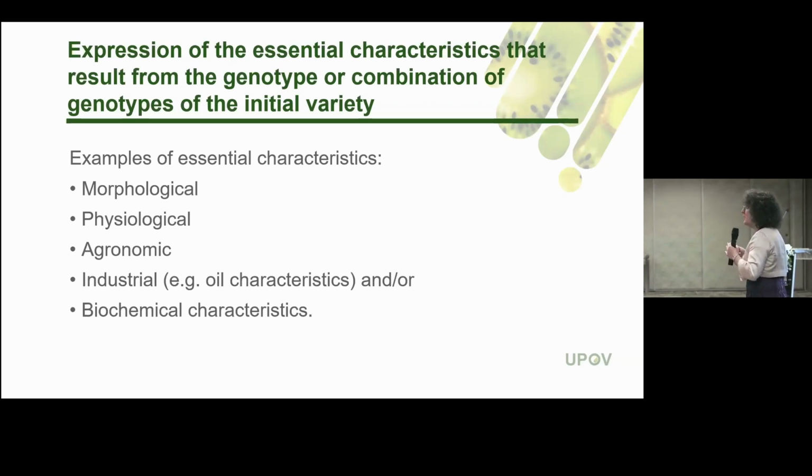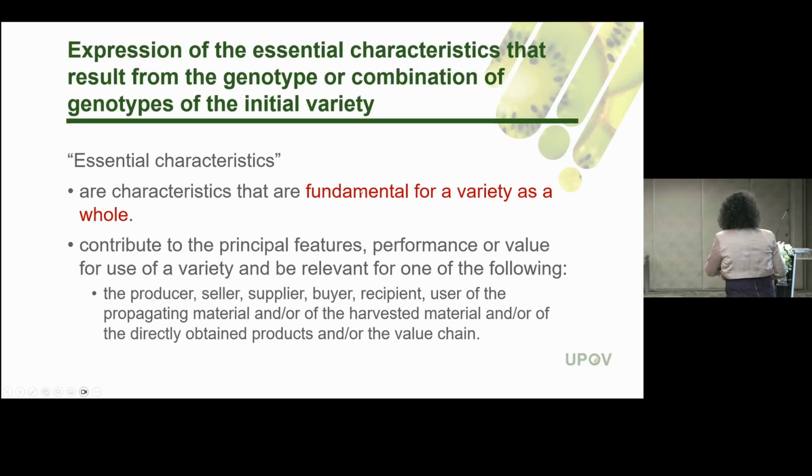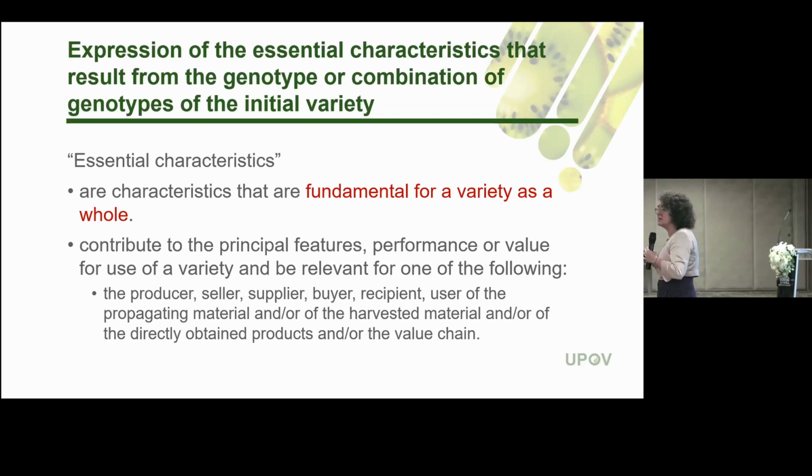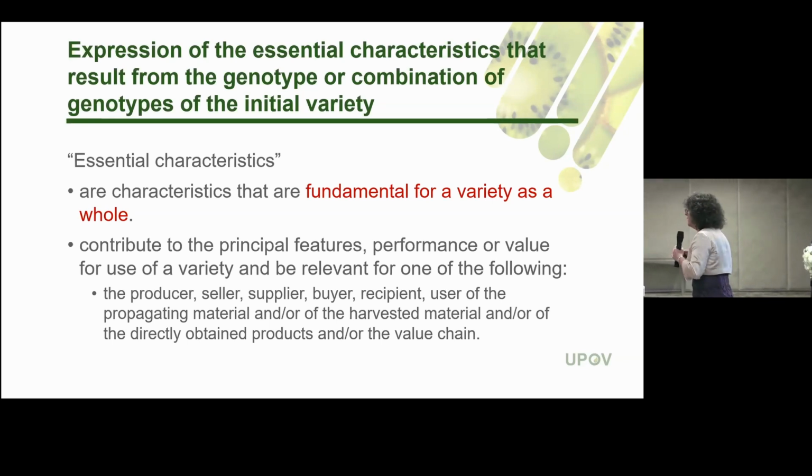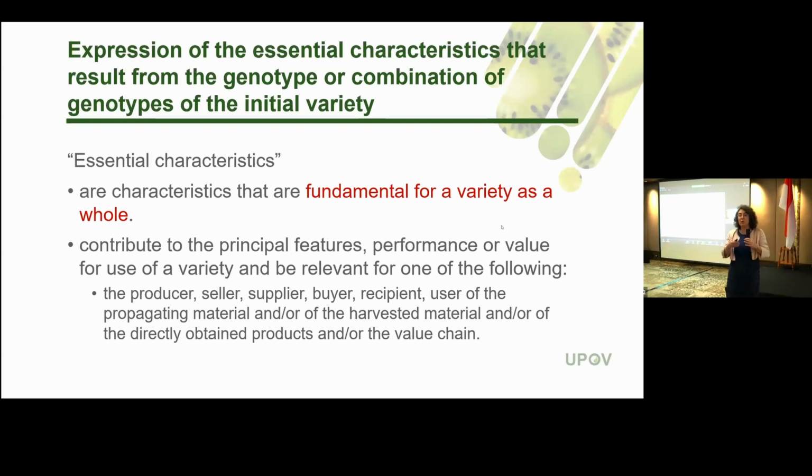Some could be the DUS characteristics, like the color of the apple, but maybe in some cases it is not the case. So very important also that the notion of essential characteristic really takes into consideration the variety as a whole, and also the importance of those characteristics for all that have a role in the value chain. It could be essential from a farmer's, grower's perspective, distributor, or the seller of the variety.